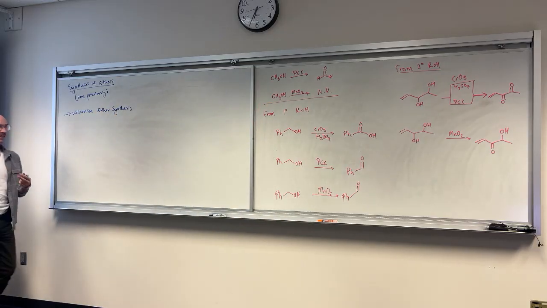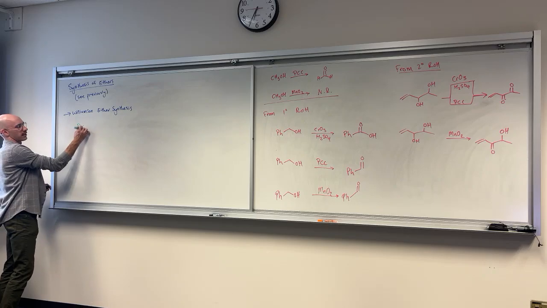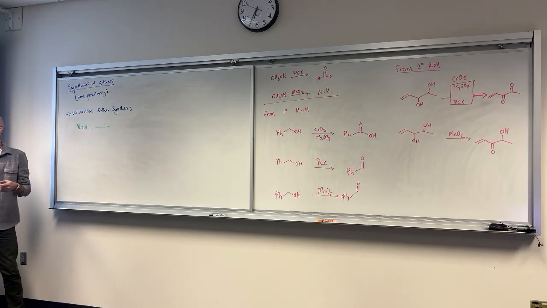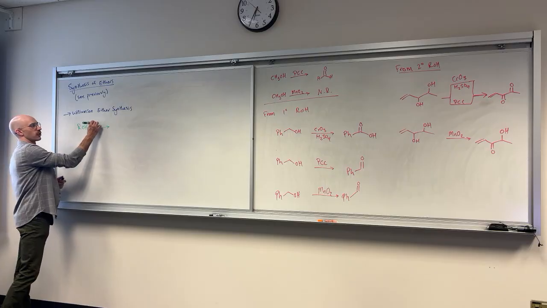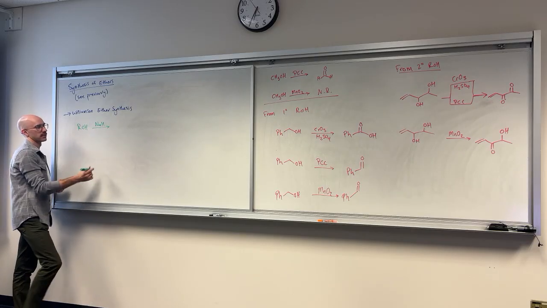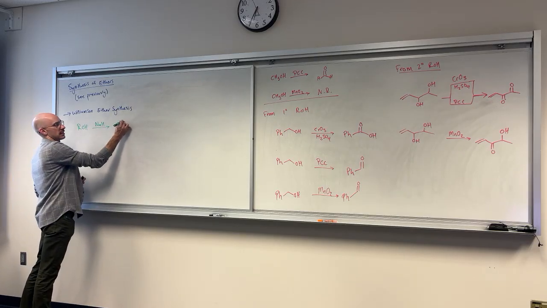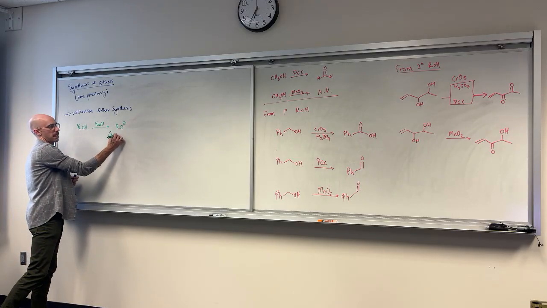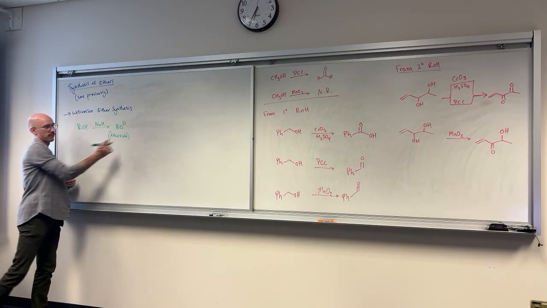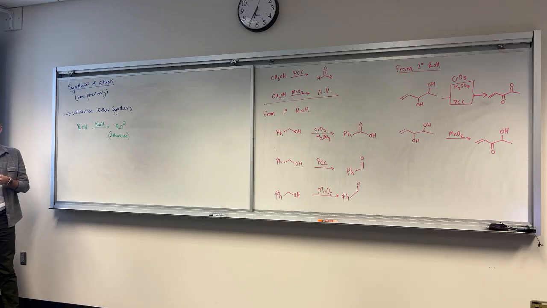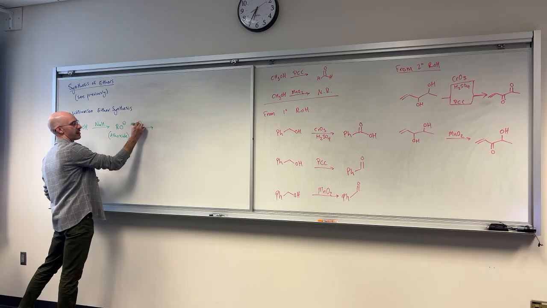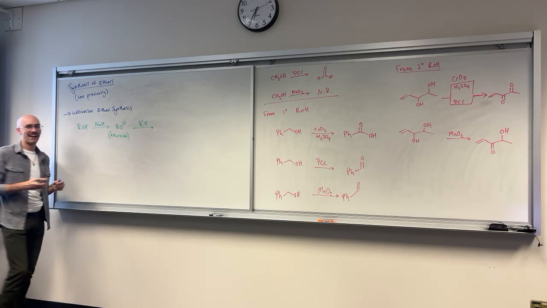Take an alcohol, ROH. You react it with a strong base, sodium hydride, and you isolate the alkoxide that comes from that. And then, to make an ether, you react that alkoxide with an alkyl halide.